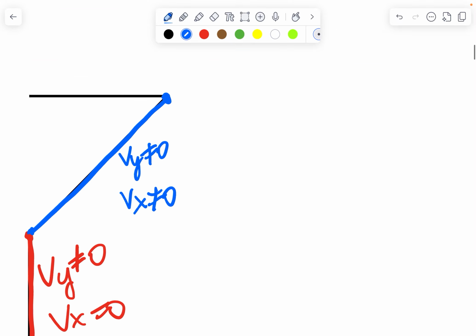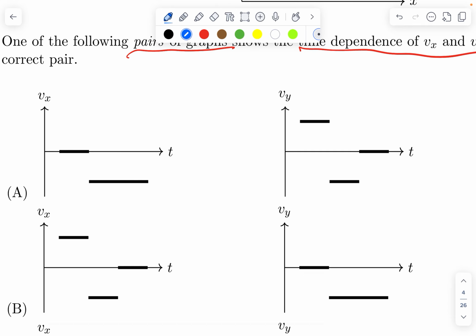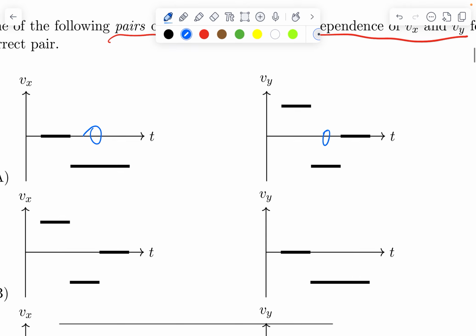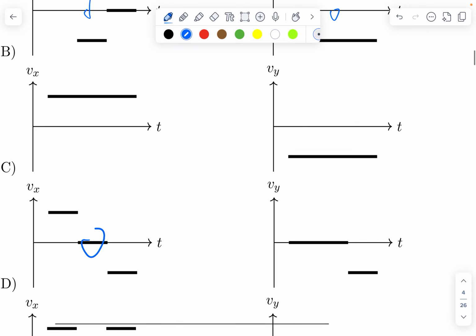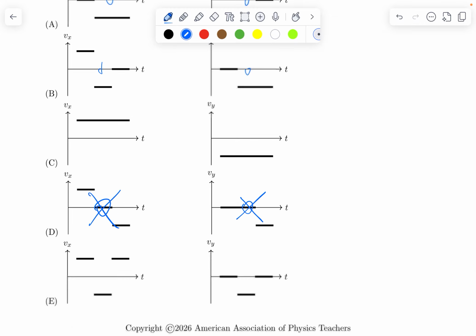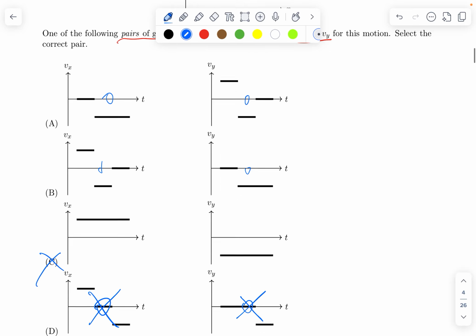So first of all, we can remove anything that has the second one being 0. Okay, so it's not this one and it's not this one. So it's not C. And everything else makes sense.